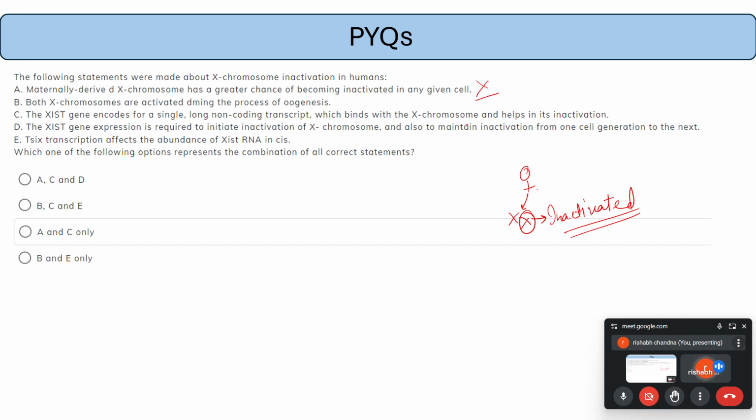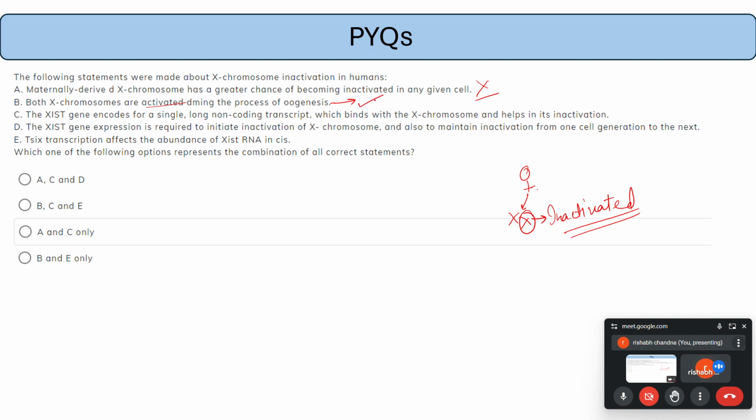Then, both X chromosomes are activated, denying the process of oogenesis. In the second option, before the process of oogenesis, both the X chromosomes are activated because there are equal chances of either of the X chromosomes to be distributed in the daughter cells. So that's why both chromosomes are activated, denying the process of oogenesis.